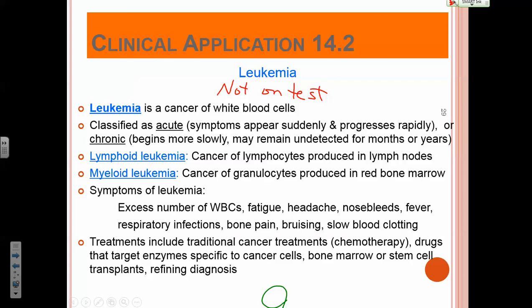One of the final treatments, a last resort treatment, is the bone marrow transplant. But what they do with that is, the chemo drugs target mitotic cells. Because in leukemia these cells are dividing too much, the chemotherapy is destroying them.